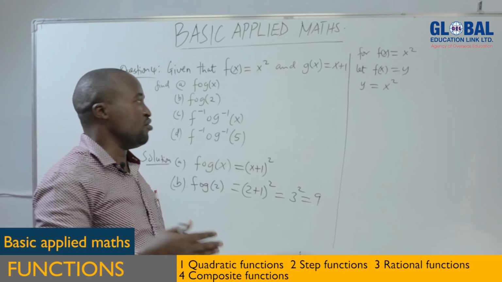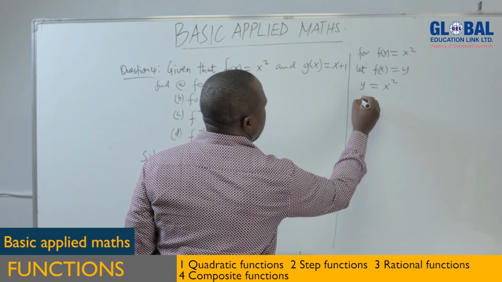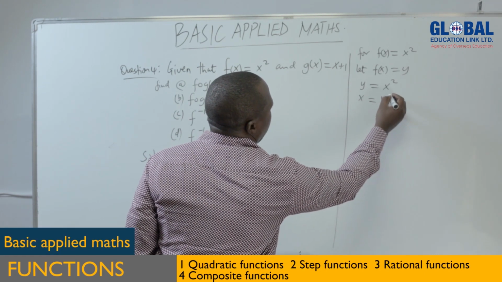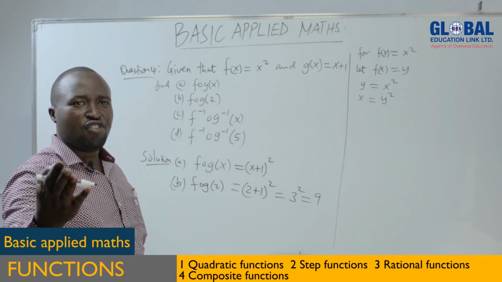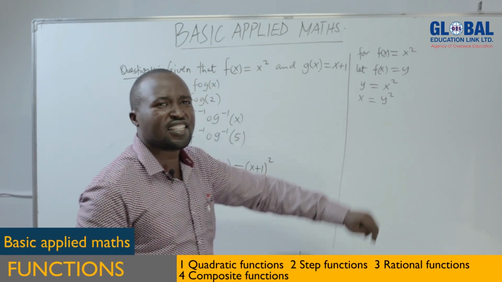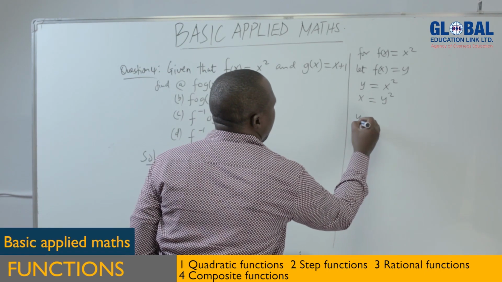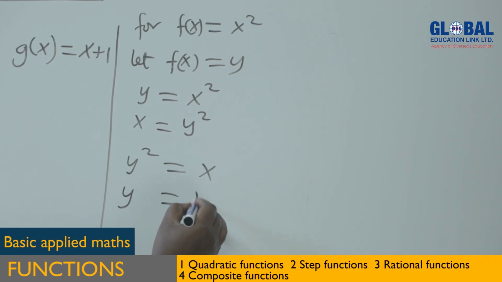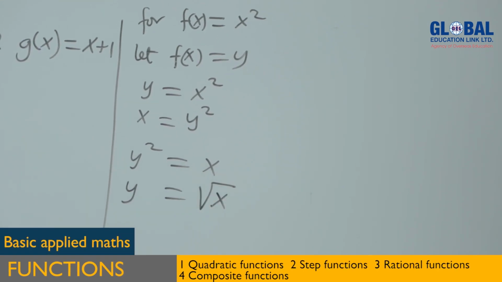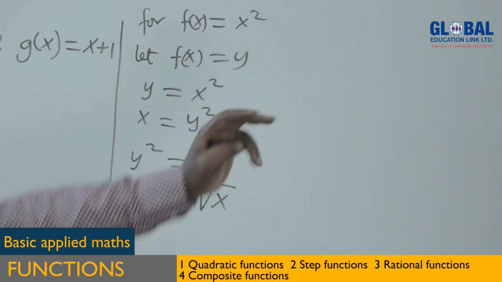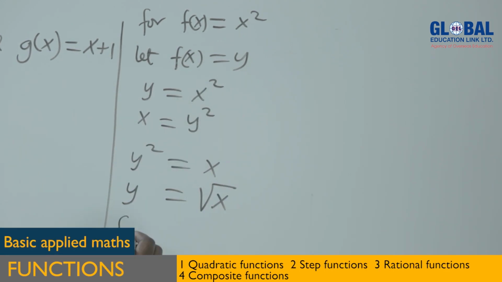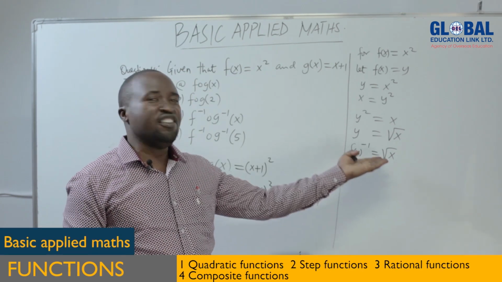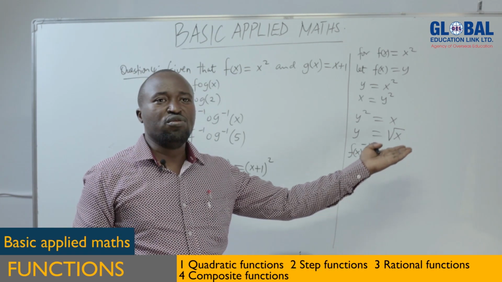So in the position of y we write x, and for x we write y squared. Then we make y the subject. So y squared is equal to x, so y is equal to square root of x. But remember, we said f of x is equal to y. Therefore, f inverse of x will be equal to square root of x.